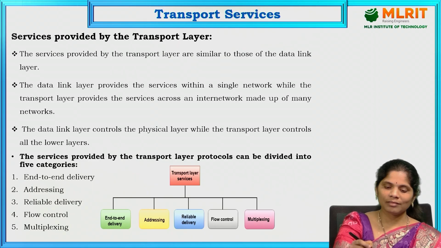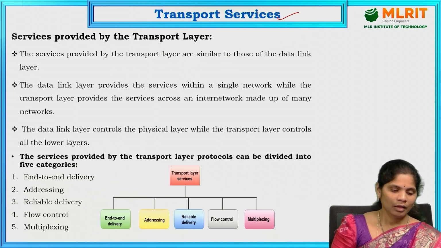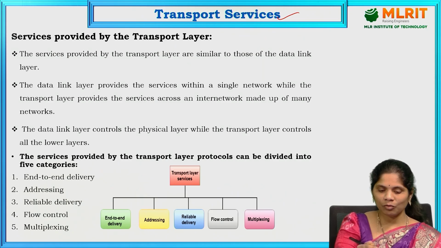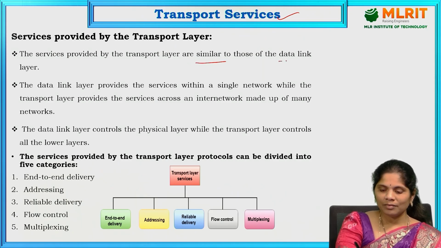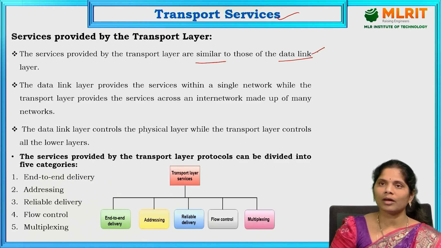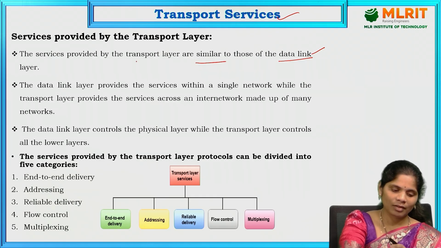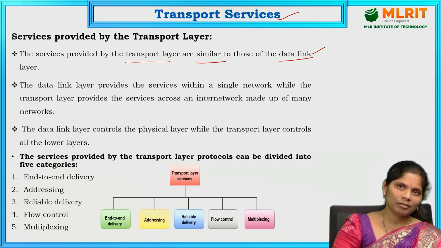The next one is the transport services. What services are mainly provided? The transport layer services are mainly similar to the data link layer. In previous sessions, we discussed data link layer services like framing, error control and flow control. Similar services are provided by the transport layer also, but there are some differences.